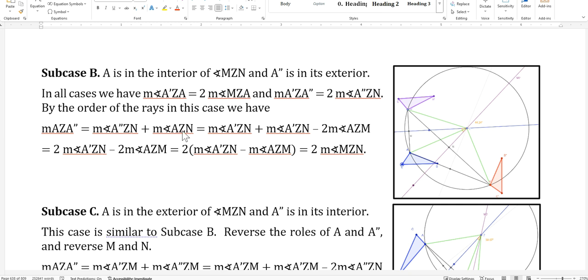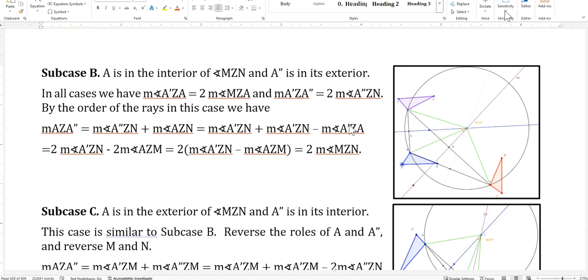Now what about this A to Z to N? That's this one right here. It's a little harder to see what's going on here. A to Z to N. Okay, well look at this bigger angle, A prime Z to N. We can take that one and subtract the angle A prime ZA. Okay, now notice these two are the same.